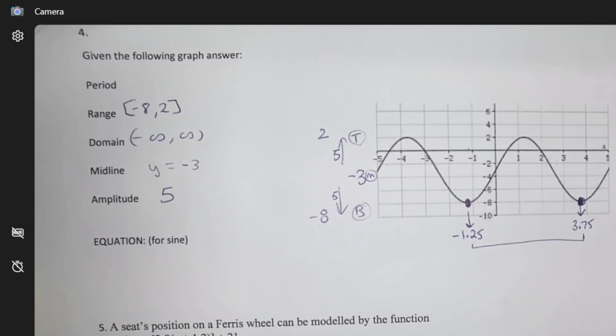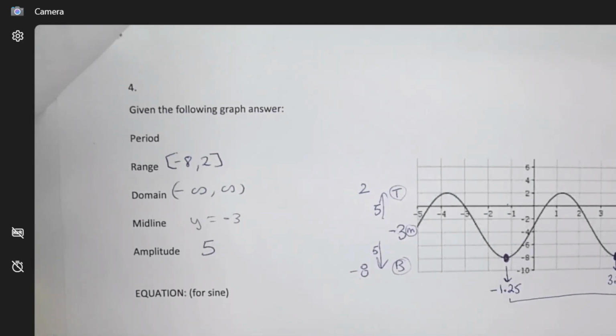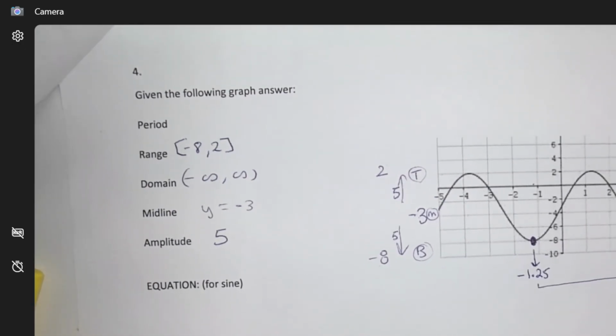So your period is how much space? Be careful here. How much space is between that? Four. No, not quite. It's very close. What was that? 2.5?